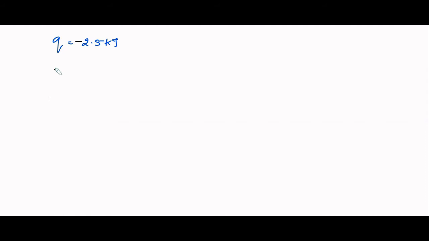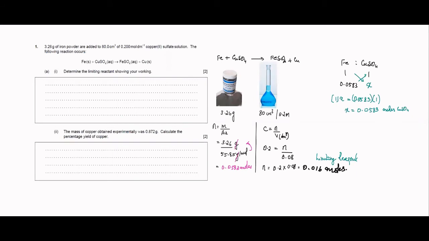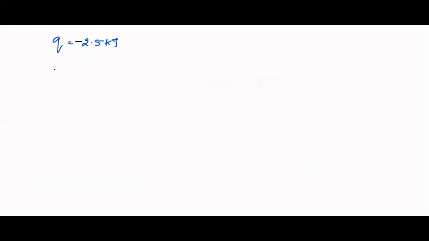So in our previous calculation, in section 1A calculations, we had already calculated the moles of copper sulfate. I'll just show it here. For the given quantity of copper sulfate solution, we have 0.016 moles of copper sulfate in it. So back here, Q is equal to minus 2.5 kilojoules for 0.016 moles of copper sulfate.